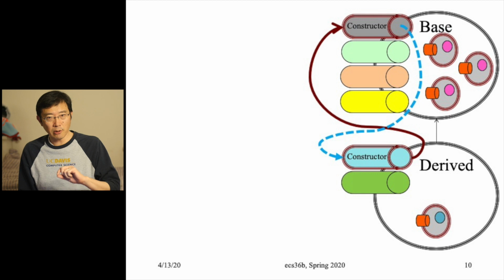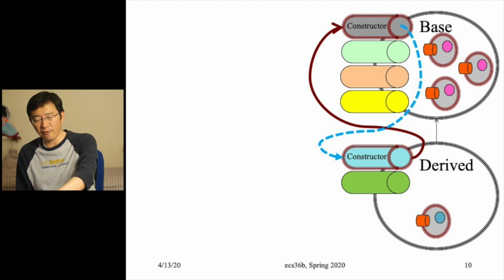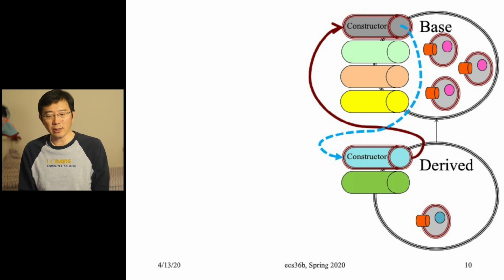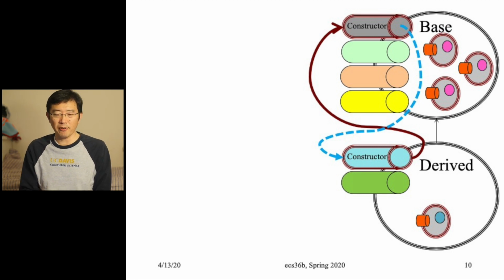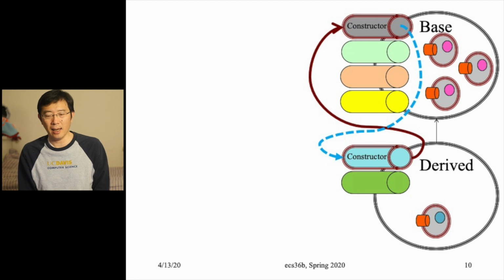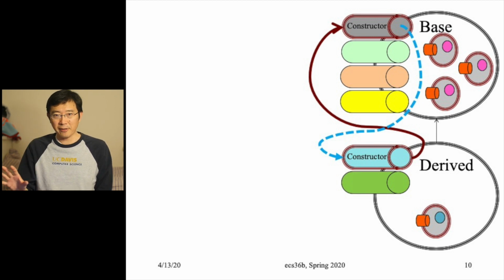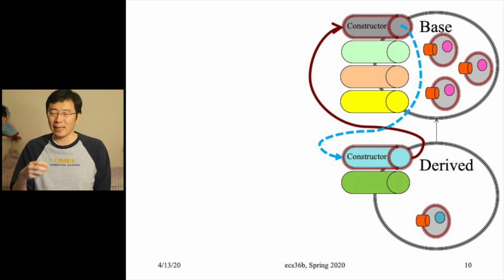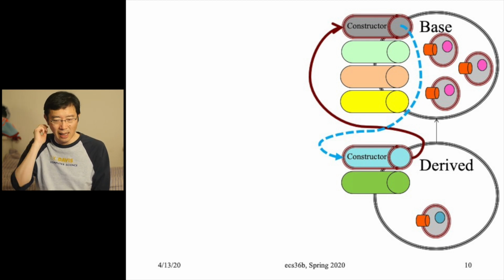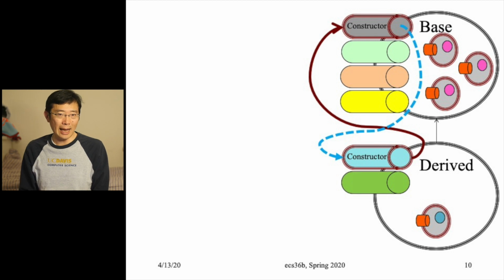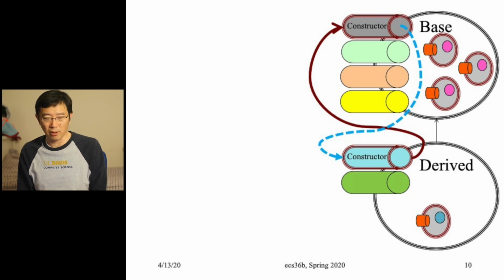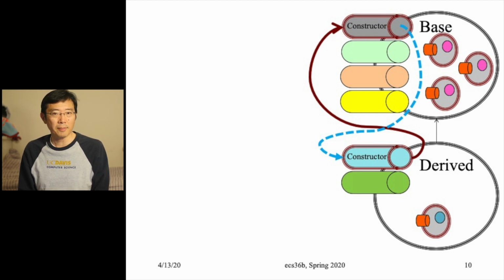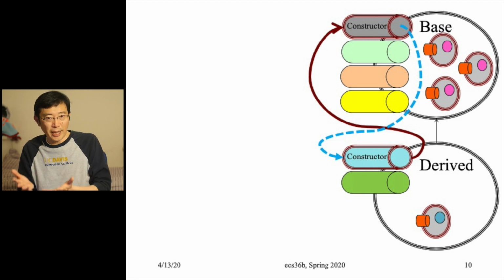But when you want to create an object, I mentioned that you first have to call the constructor of the base. Okay, the purple line, call the base. And after you finish calling the constructor, it means that the base class is already settled down, has been initialized correctly, anything you want to do in the base class. And then you go down to call the constructor in the derived class. Okay, that's the order when you create an object.